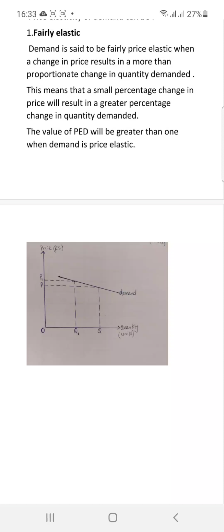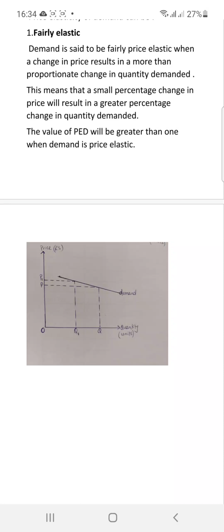Now, when we are drawing the diagram to illustrate elastic demand, we have to be very careful to show that the change in price is smaller than the change in quantity demanded. So in the diagram, the distance showing the change in price, P1, has to be smaller than the distance showing the change in quantity demanded, Q1Q.